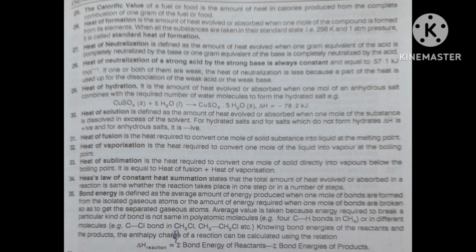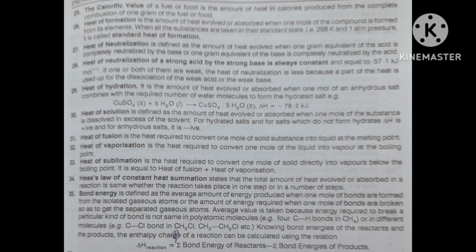Then heat of sublimation is the heat required to convert 1 mole of solid directly into vapor below the boiling point. This is the condition, below the boiling point, not above the boiling point. It is equal to the heat of fusion plus heat of vaporization.